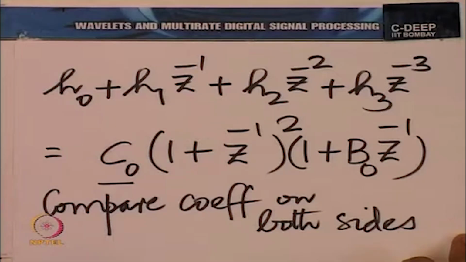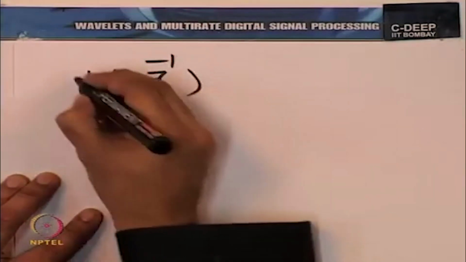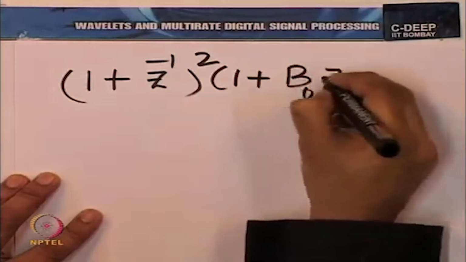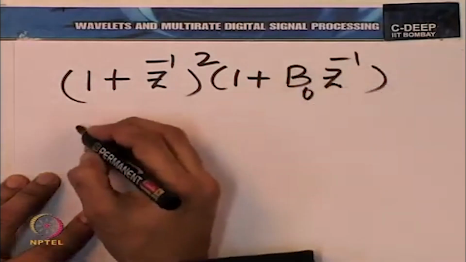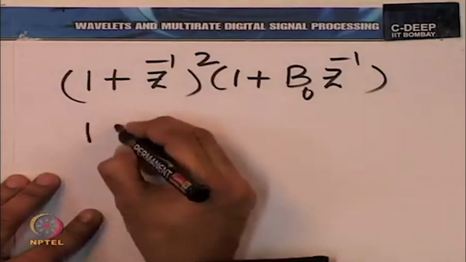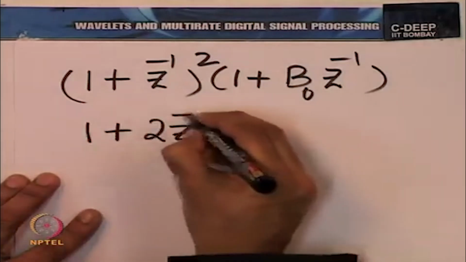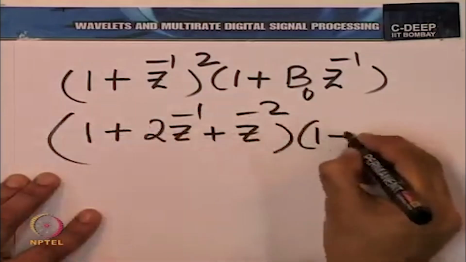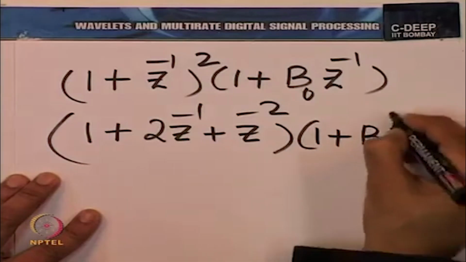So, in fact, what we are asking for is the following expanded term: 1 plus z inverse the whole square times 1 plus B 0 z inverse, where B 0 needs to be determined. And this, as we said, could be expanded as 1 plus 2 z inverse plus z raised to the minus 2 times 1 plus B 0 z inverse.